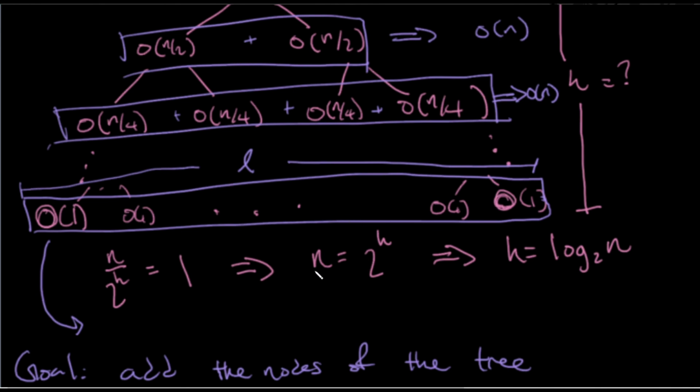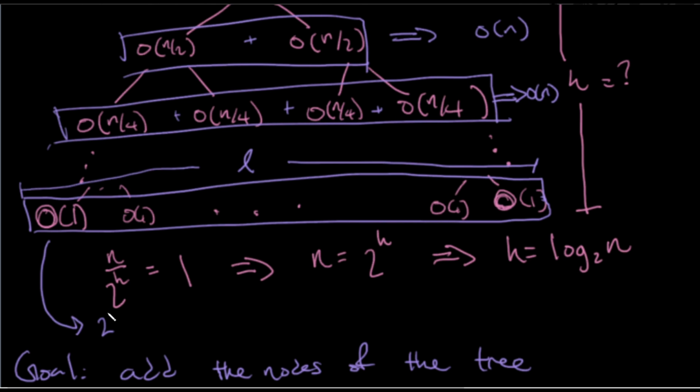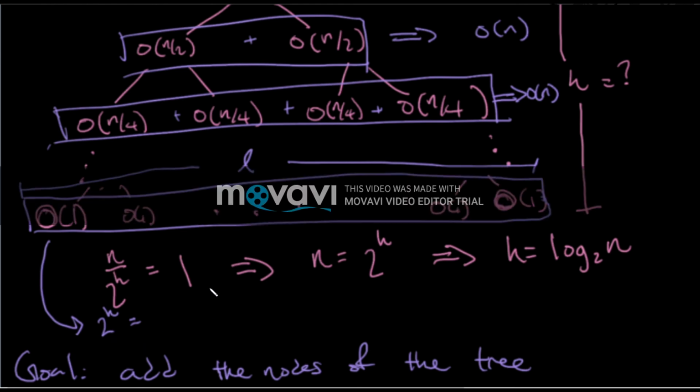So it follows that the number of nodes in this last level is 2 times 2 times 2 times 2 times 2 for every single level of the tree. In other words, 2 to the h is the number that we're looking for. We're going to multiply 2 by itself h times. We're going to double the number of nodes in each level h times.